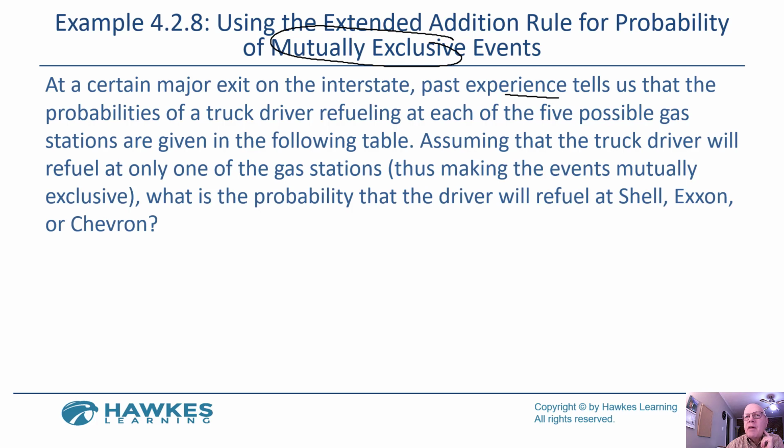If the truck driver will refuel at only one of the gas stations, making them mutually exclusive, he's not going to refuel and then refuel again because he's already pretty full. What's the probability he will refuel at Shell, Exxon, or Chevron?